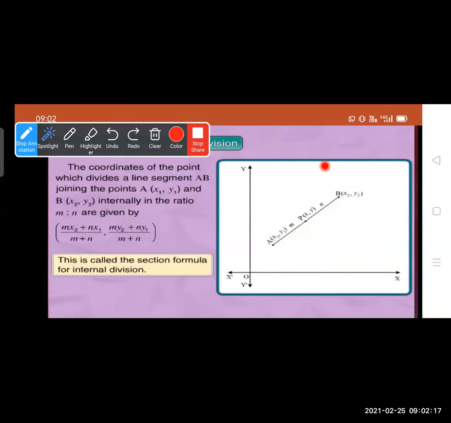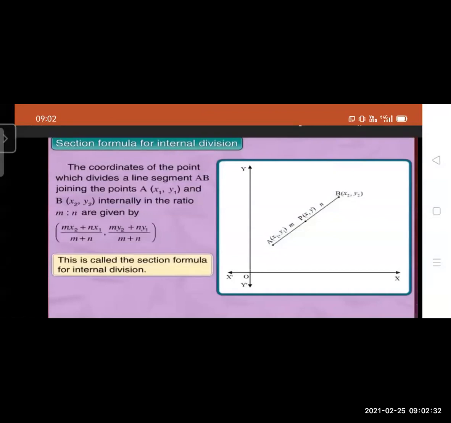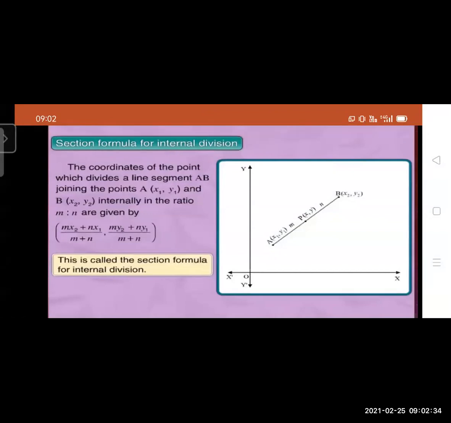So we write the internal section formula. First we write the x coordinate: m into x2 plus n into x1.